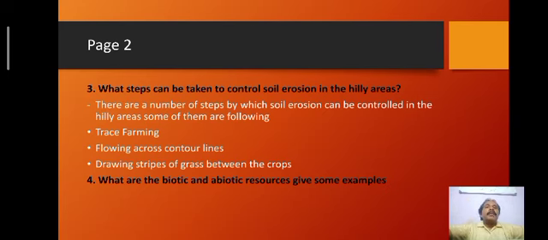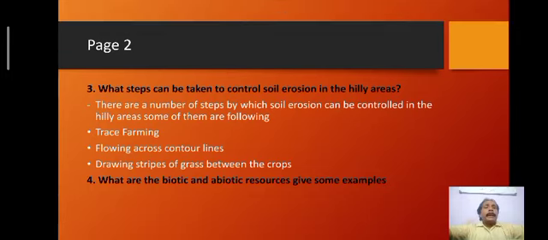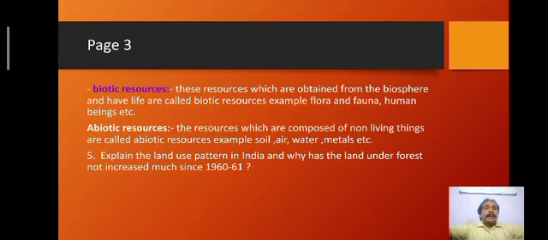Next question, what are the biotic and abiotic resources? Give some examples. So here biotic means living things. So biotic resources are those resources which are obtained from the biosphere and have life.